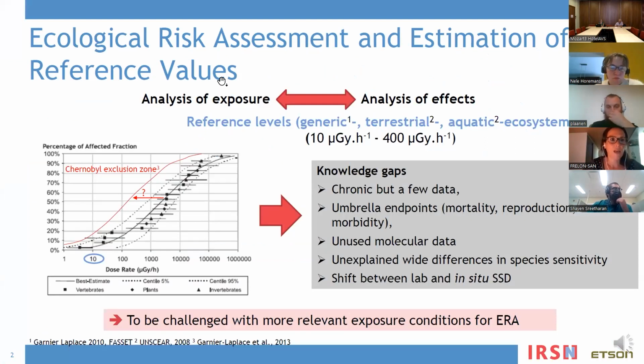So ecological risk assessment relies on the link between exposure and effects and requires the use of reference levels. Several values are recommended for these reference levels, from 400 microrep per hour for aquatic ecosystems to 10 microrep per hour for generic ecosystems.